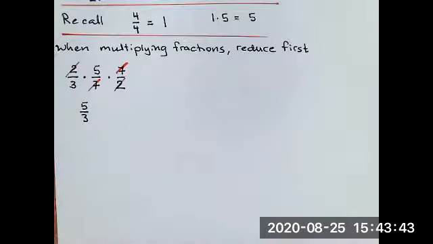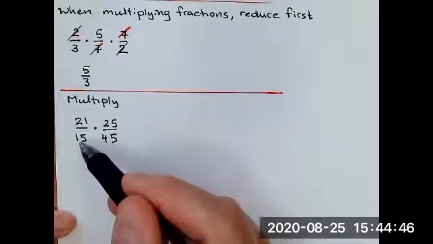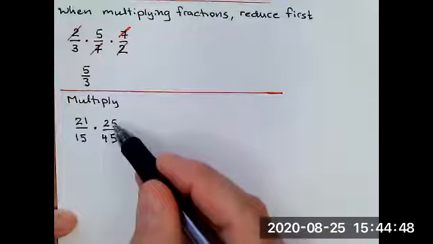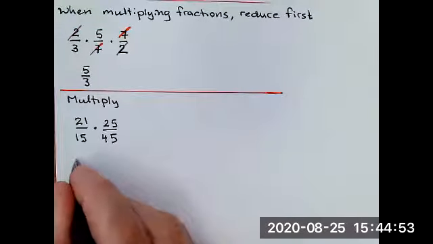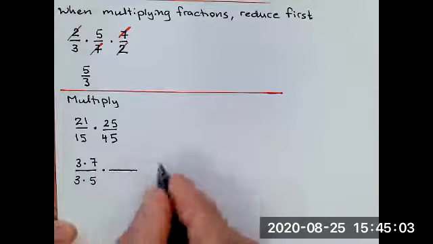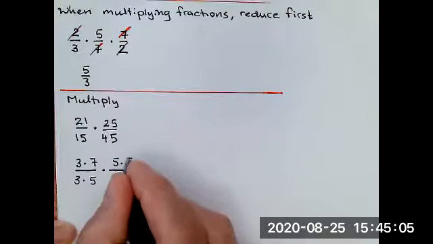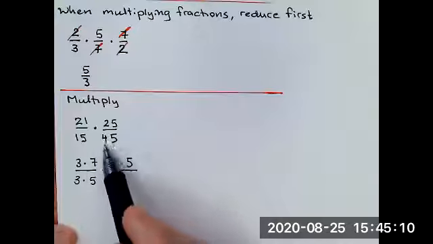Let's do another example. So if you're multiplying 21 over 15 times 25 over 45, you want to break them down first. 21 is 3 times 7. 15 is 3 times 5. 25 is 5 times 5. 45, I could do 15 times 3 or 5 times 9.